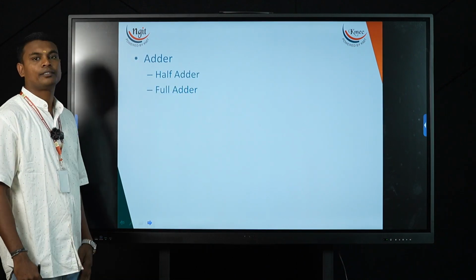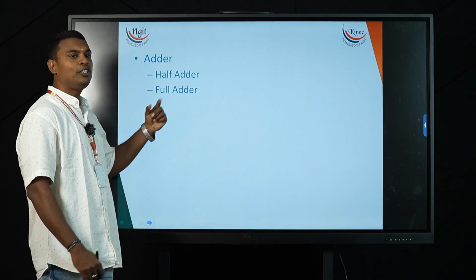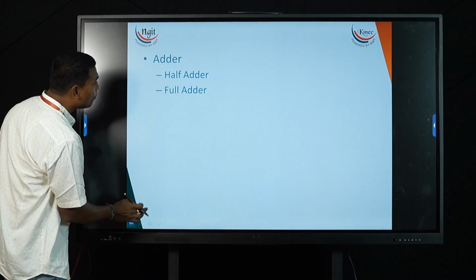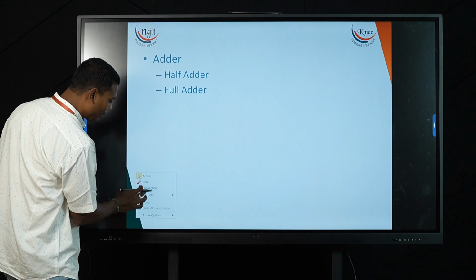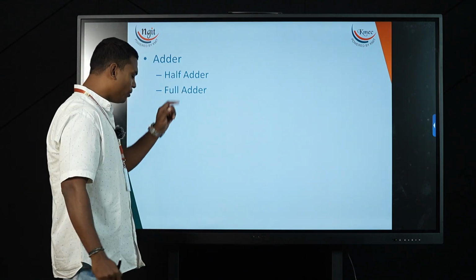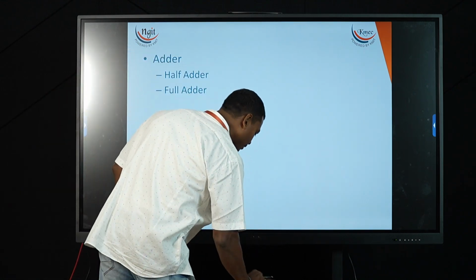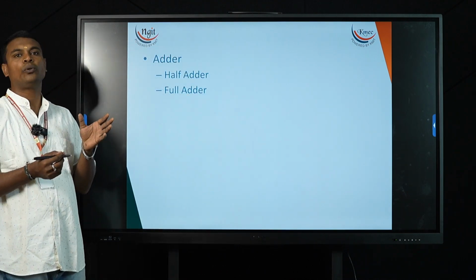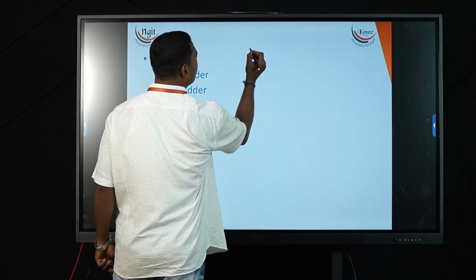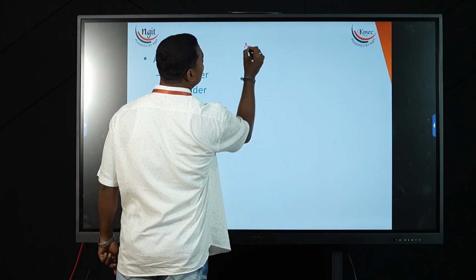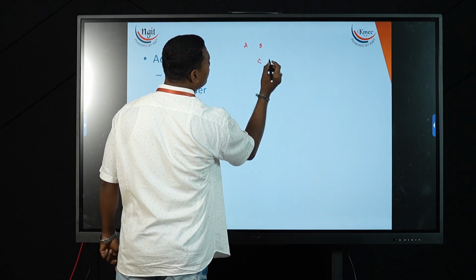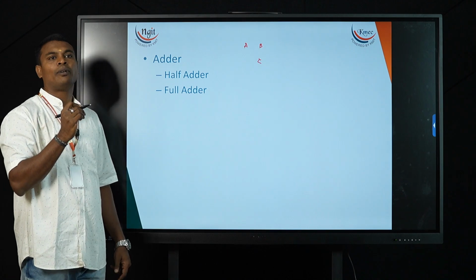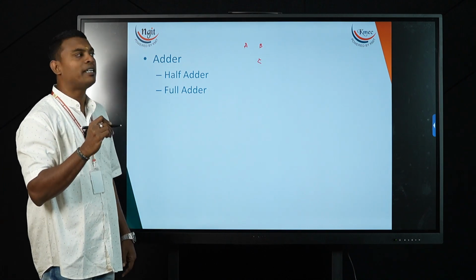Now, adders. In adders, we have two things: one is the half adder, the other one is the full adder. Let us see how a half adder looks. A half adder is a circuit which adds 2 bits of information. For example, if I have A as one input and B as the other input, and as you know, an adder has one pure application of generating sum and carry.